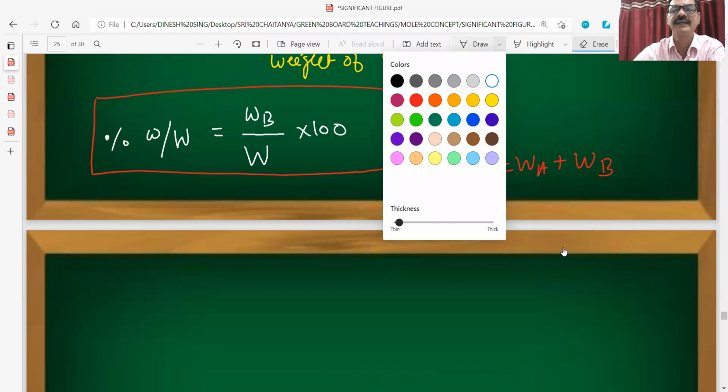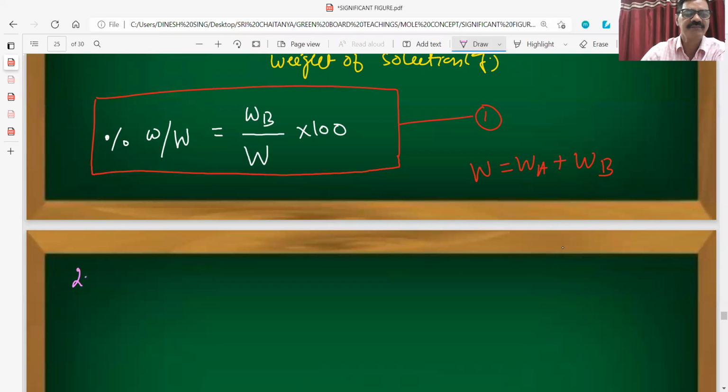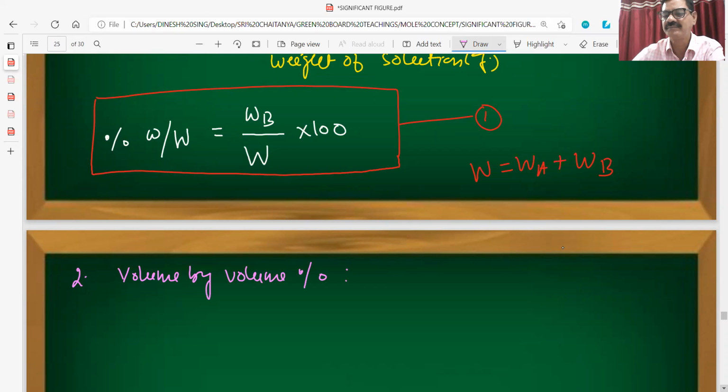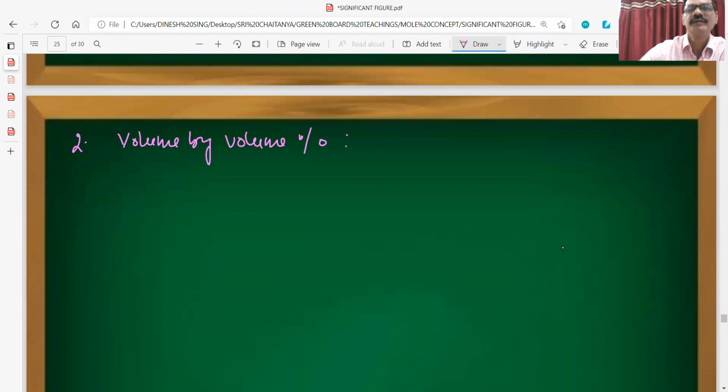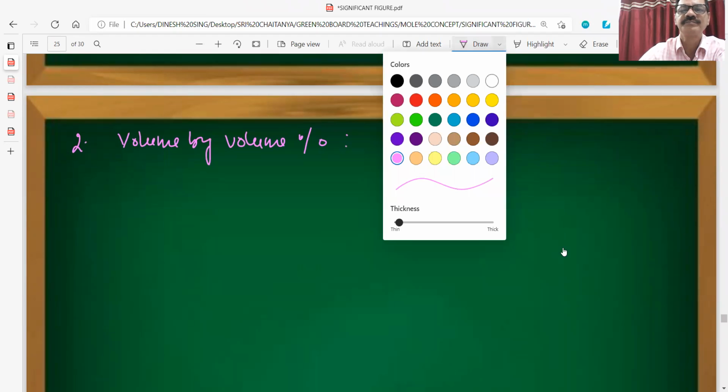After this, the second formula. What is the second formula? Volume by volume percent. How can we define it?